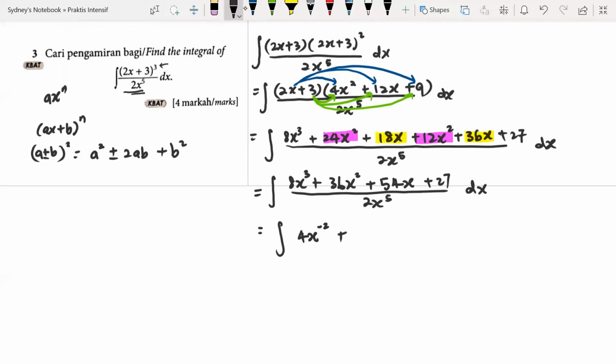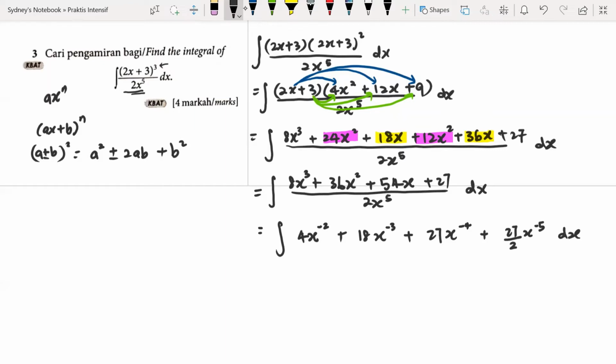And then 36x squared divided by 2x to the power of 5, so we have 18x to the power of negative 3, plus 54x over 2x to the power of 5, we will have 27x to the power of negative 4. And the final term, 27 over 2. We can't simplify that, just copy and rewrite the x in negative index.